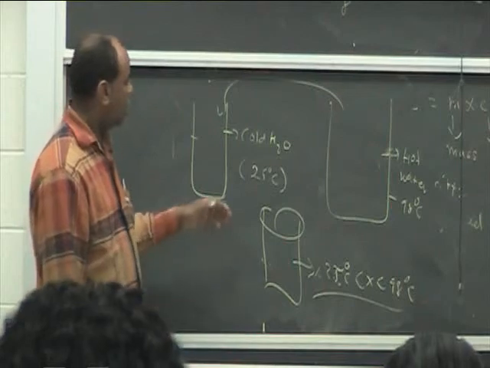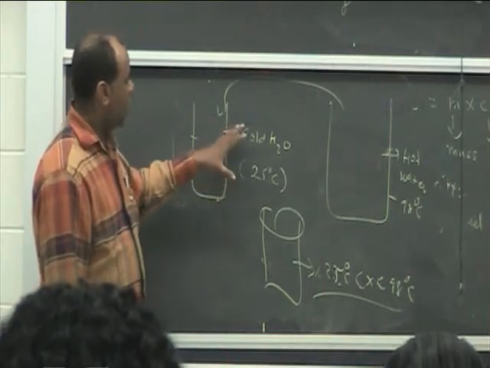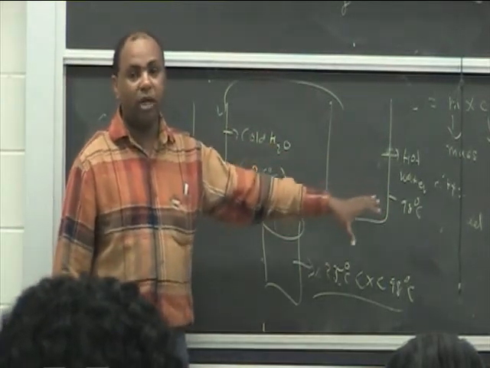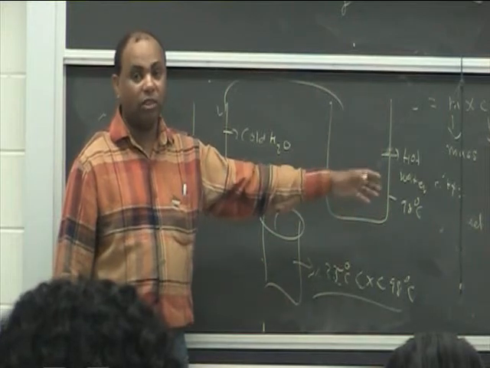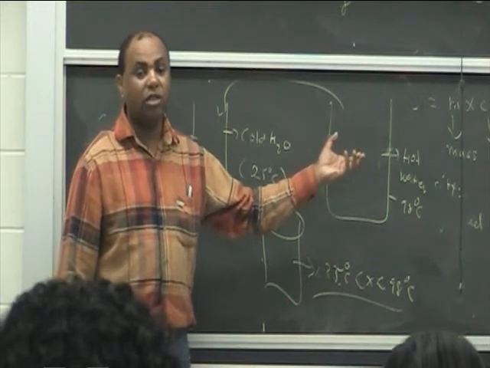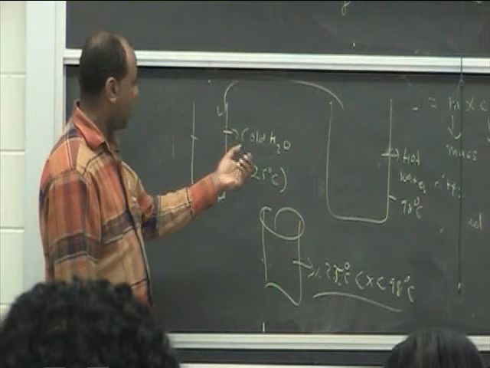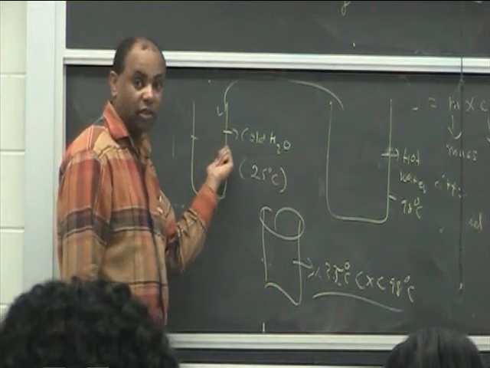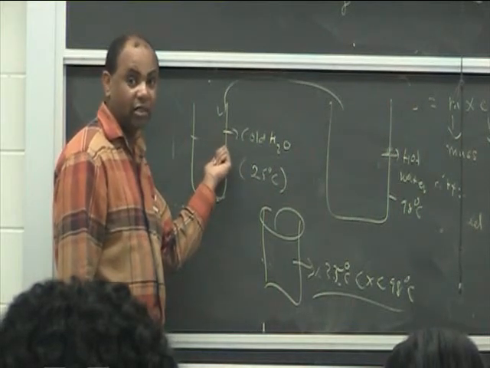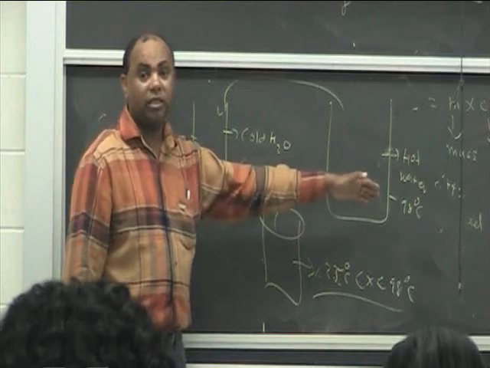The question is not the difference in temperature, but how much heat is gained by the cold water. The cold water will gain heat. The hot water will lose heat.